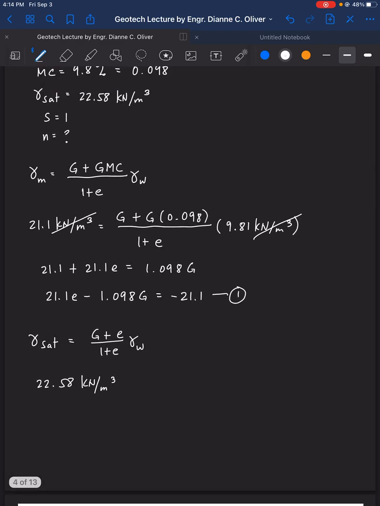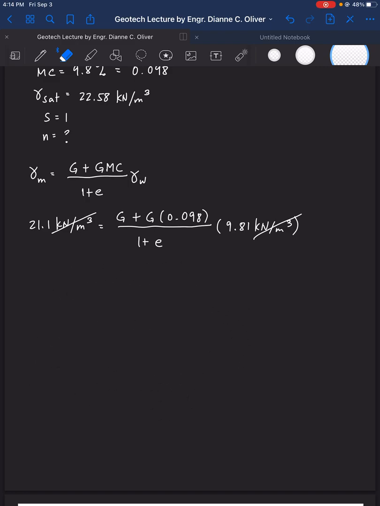Okay, so I hope it fits here in this page. So G plus E over 1 plus E. Then here we have, okay, so I forgot there's water here. Okay, so let's redo this one.